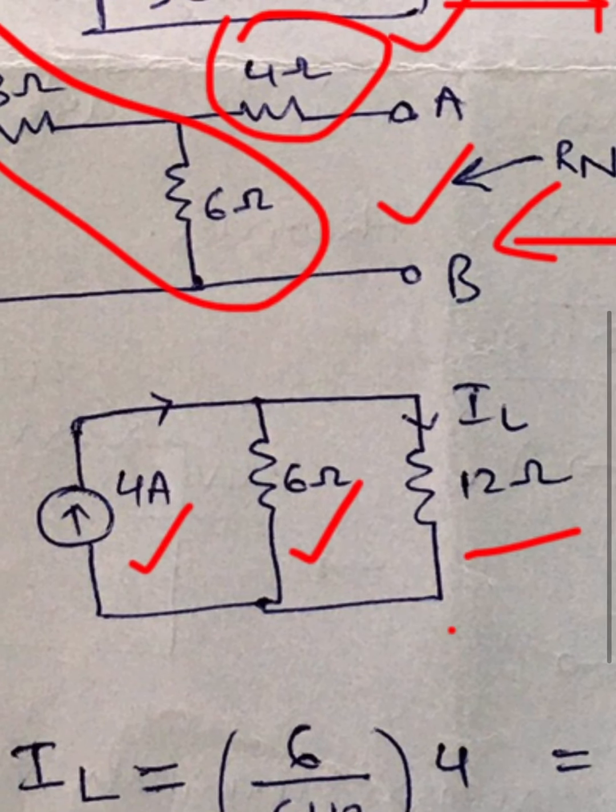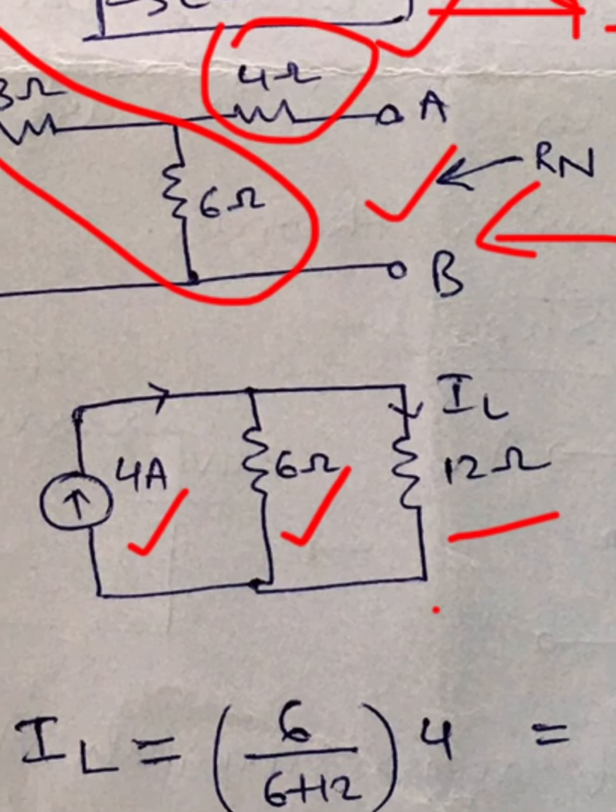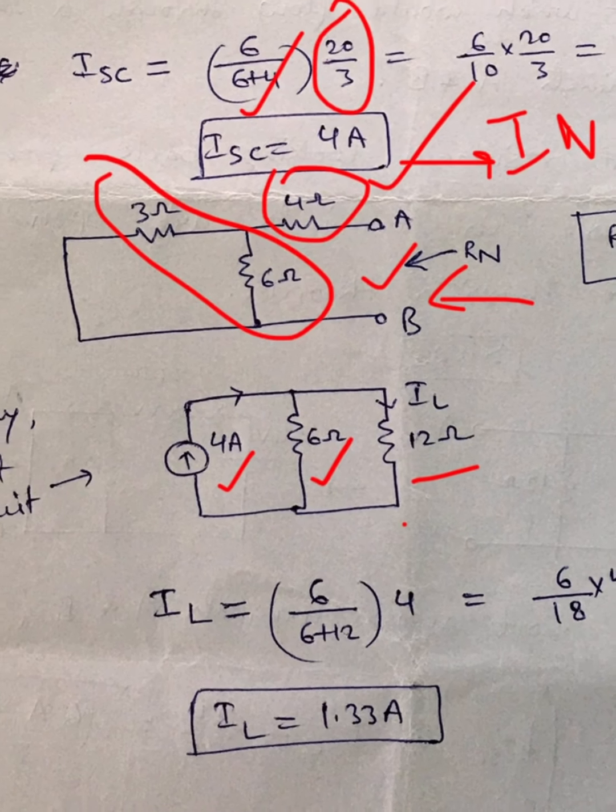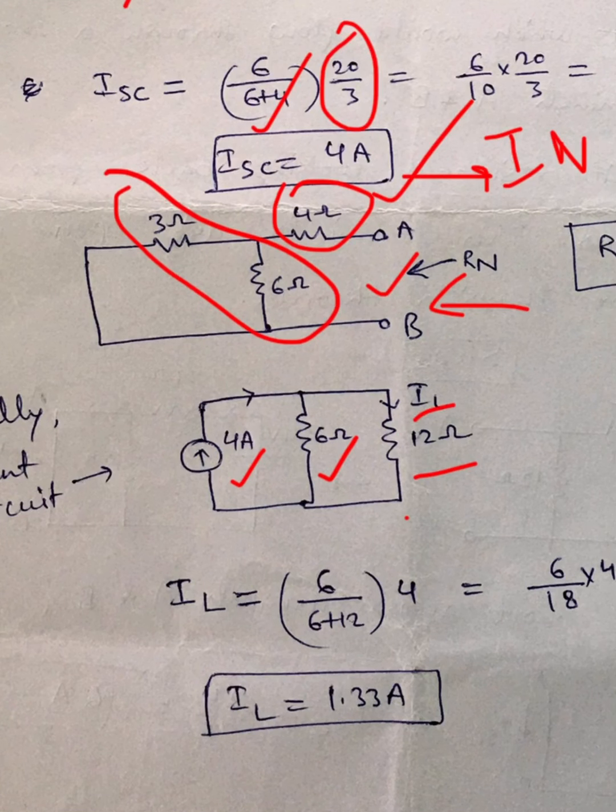So now we can calculate the current flowing through this 12 ohm resistor. 12 and 6 will be parallel. Okay, now we are not dealing with the voltage source, so the total current is 4 ampere, and this current will be divided here and here.